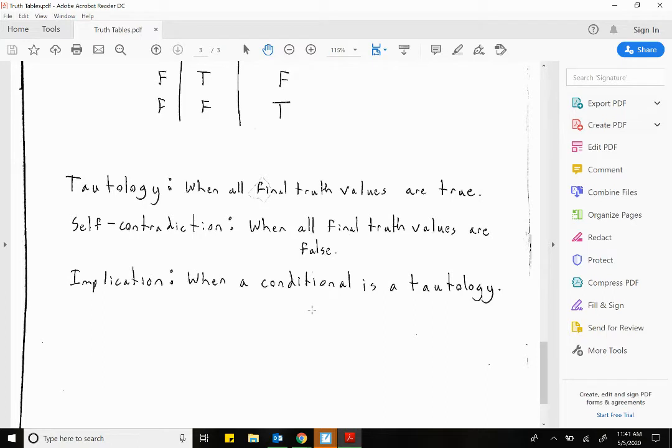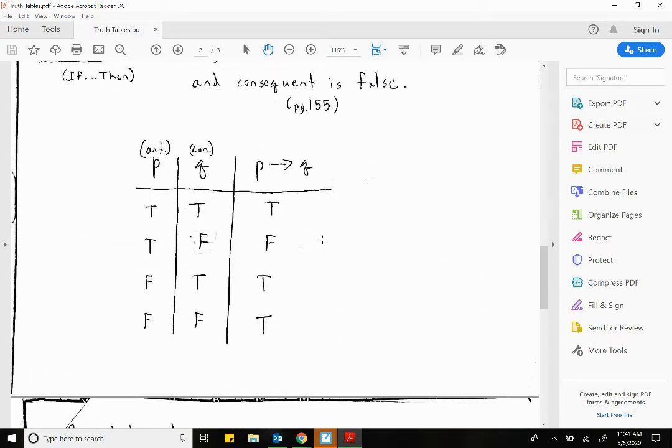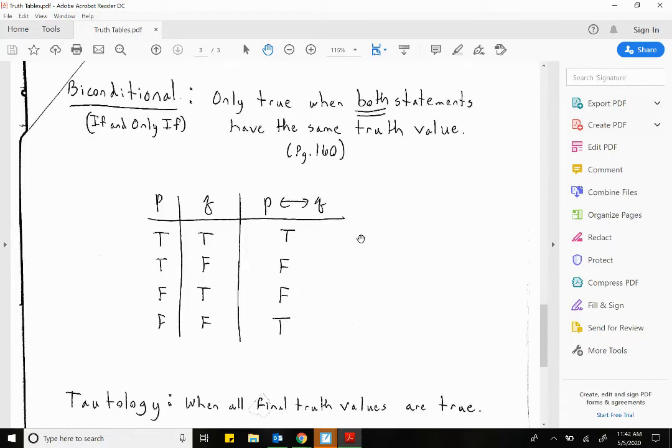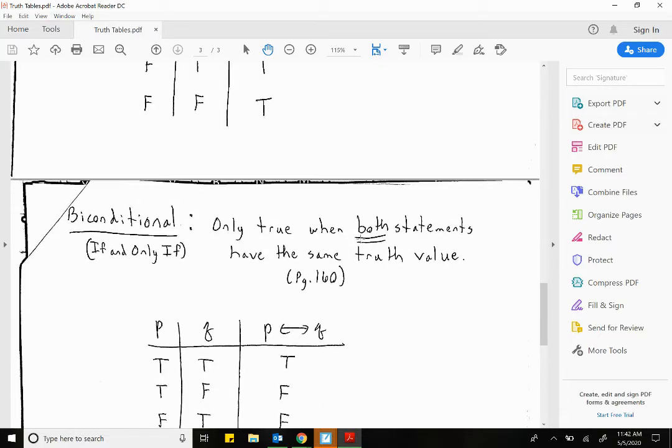But if that final column is not a conditional, if it's an and, a negation, an or, or a biconditional, do not worry about implications. Okay? And tautology and self-contradiction are the same thing in this unit. So we're just adding the last few symbols, the arrow and the double arrow, and dealing with truth tables. That's all 3.4 is about.